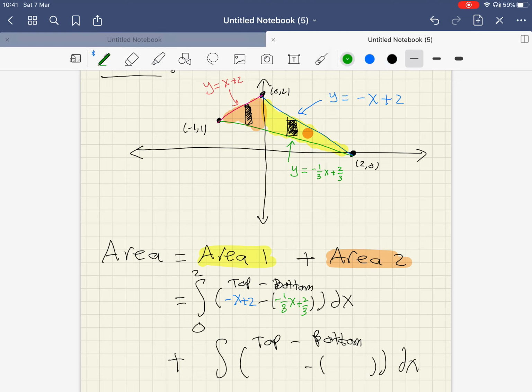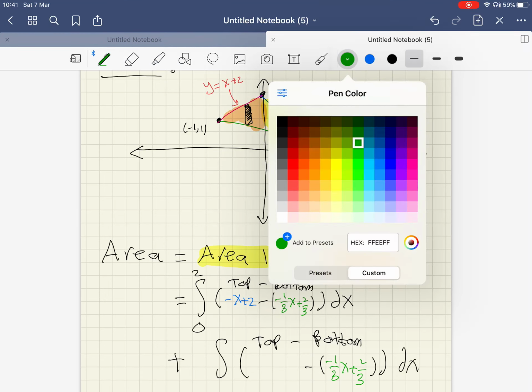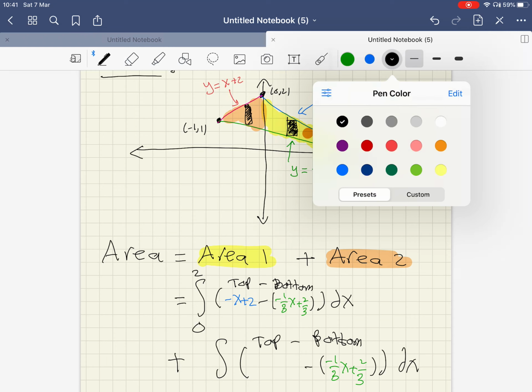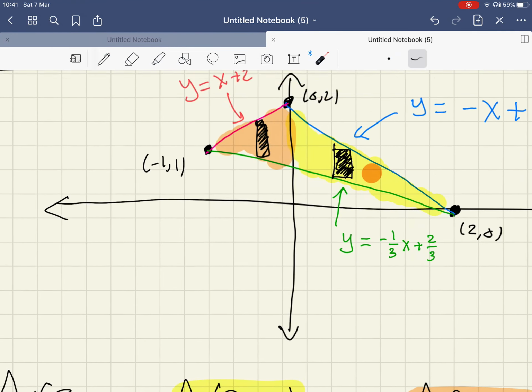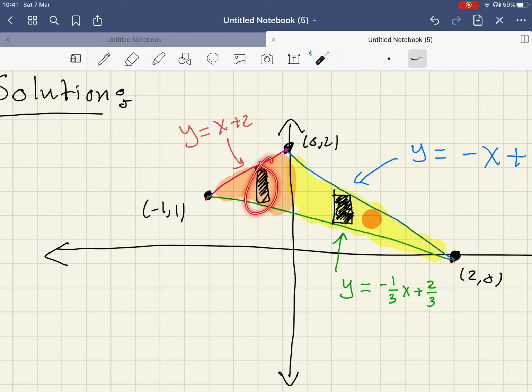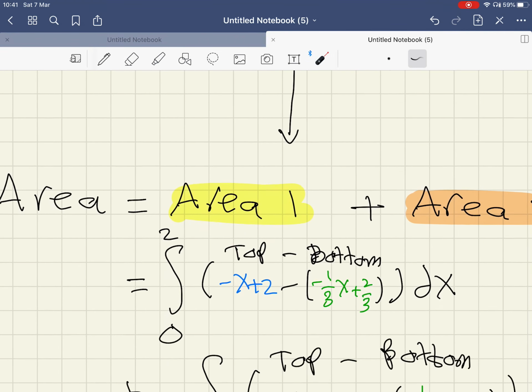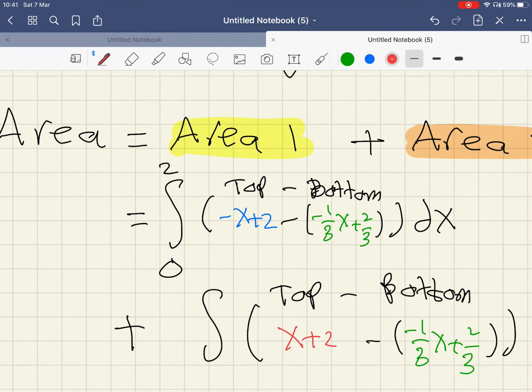So the green is 1 over 3 x, and the top function is the red one, which is x plus 2. Now, how do I find from where to where I should do the integration? It should be fairly easy because if you take your rectangle and move it maximum to the left, you will end up at minus 1. If you move it maximum to the right, you end up with 0. So it should be from -1 to 0.